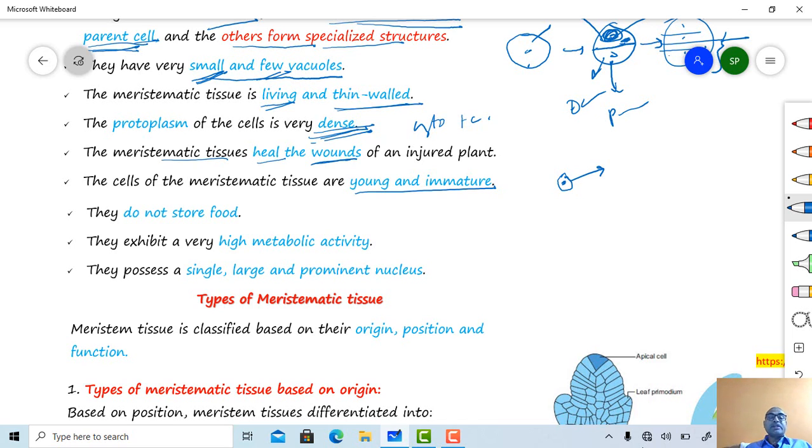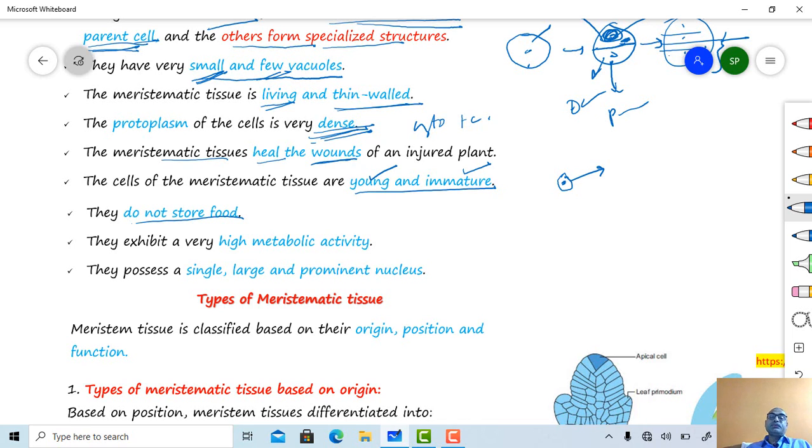So these meristematic cells are young, and generally immature. These are not mature cells. These cells do not store food material. Whatever cells store food material are permanent cells. This may be the parenchyma type of cell.